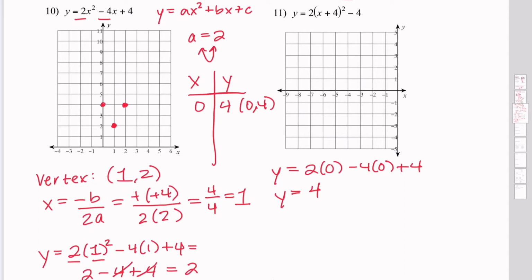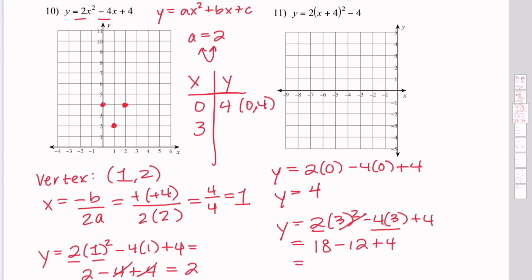Let's just find one more coordinate to make this graph more accurate. So let's say x is 3. So plugging that into your equation, we get 2 times 3 squared minus 4 times 3 plus 4. We simplify, 3 squared is 9, 9 times 2 is 18, minus 4 times 3 is 12, plus 4. 18 minus 12 is 6, plus 4 is 10, which is perfect because our graph can go up to 10.